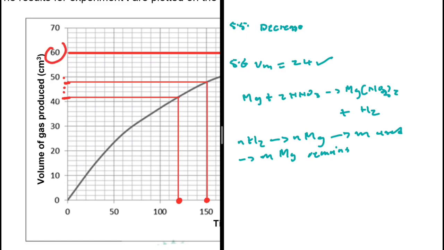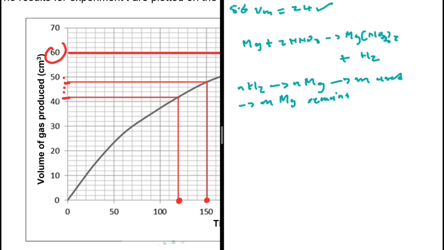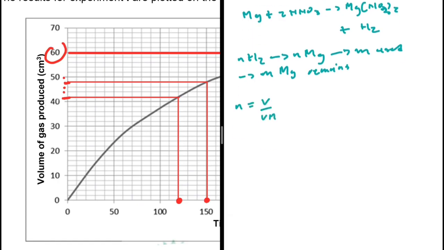Okay, so we will say that number of moles is equal to V divided by Vm. Right, we've said that we're going to do that. We're going to calculate the number of moles of hydrogen gas, of which V is 60 times 10 to the minus 3. That times 10 to the minus 3 converts centimeter cube to decimeter cube. I must emphasize, converting centimeter to decimeter is not the same thing as converting centimeter cube to decimeter cube.